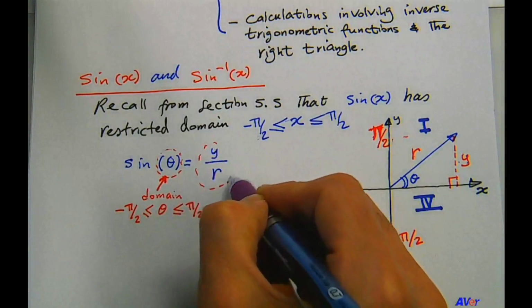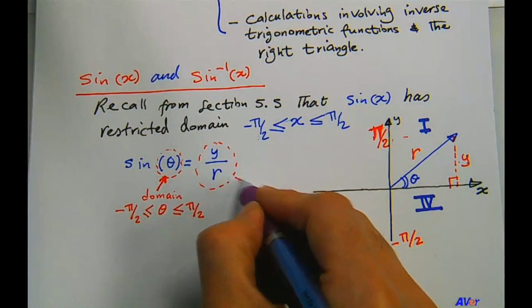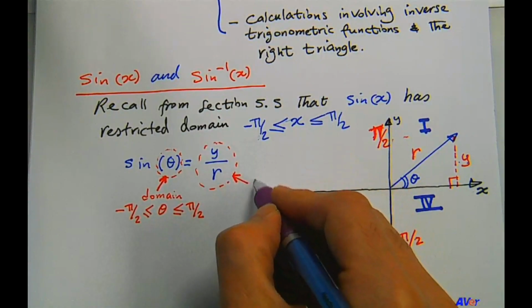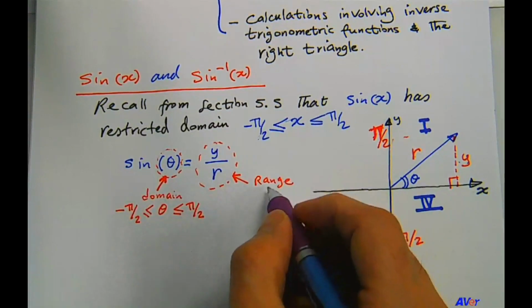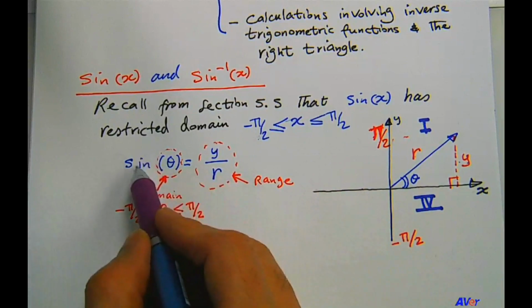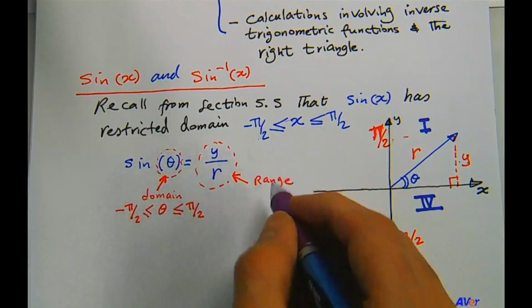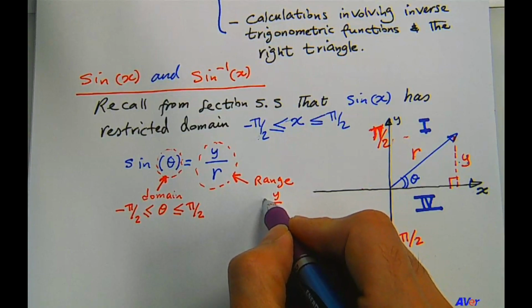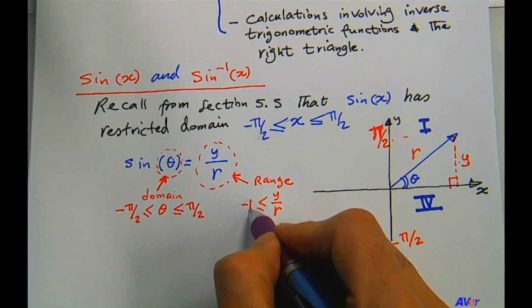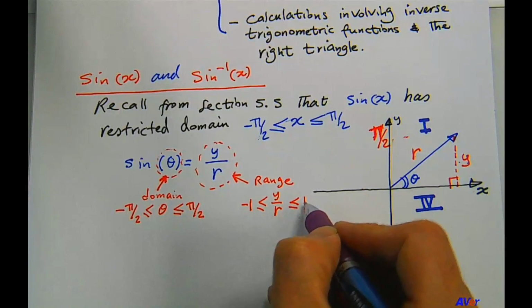This y over r is the range, right? That's the range of this function sine theta. And we know that for the initial basic sine function, y over r must range between -1 and 1.